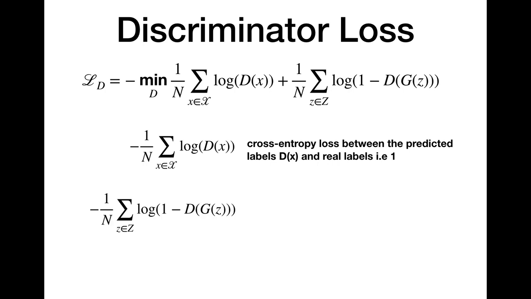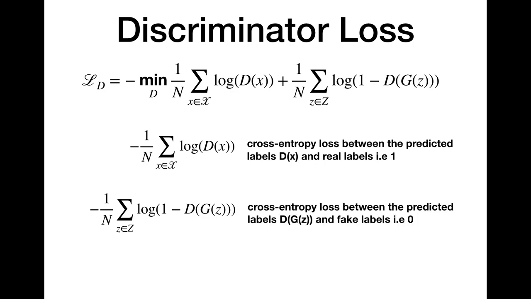Similarly, the second term is the cross entropy between the predicted labels for the fake images and the fake labels, that is 0. This means that the discriminator is trying to predict the label 0 for all of the fake images. So the overall discriminator loss function tries to simultaneously predict 1 for all of the real images and 0 for all of the fake images.